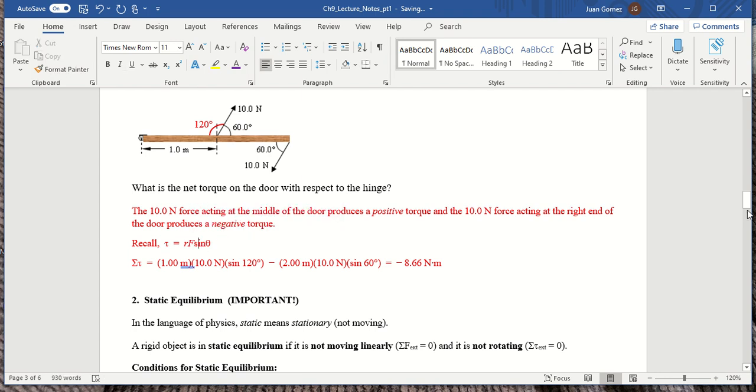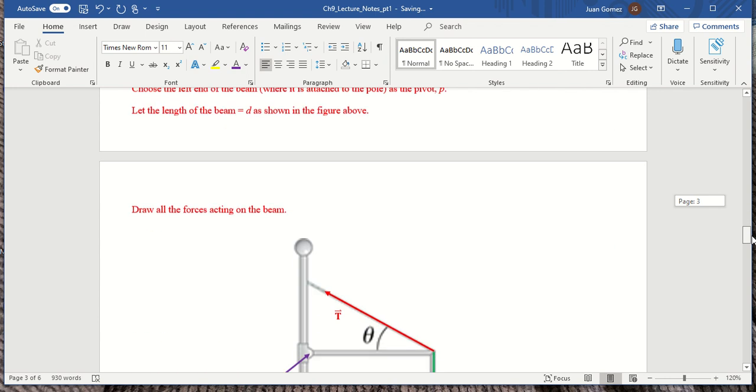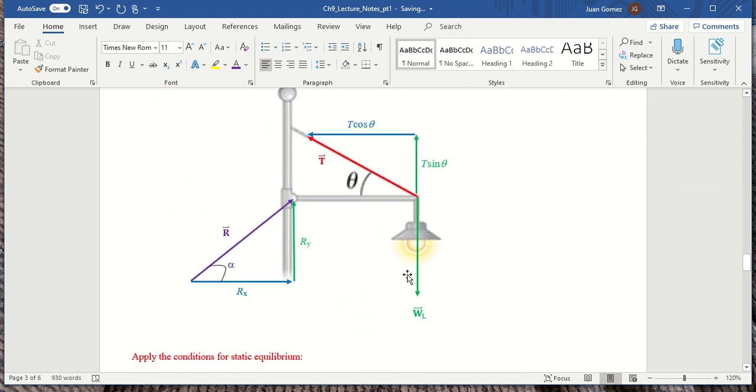Any force that acts at the pivot produces no torque because there's no lever arm. The lever arm is zero. That's why you can't open the door by pushing on it where the hinges are, because you have a lever arm of zero. So the reaction force cannot produce a torque, because it acts at the pivot.